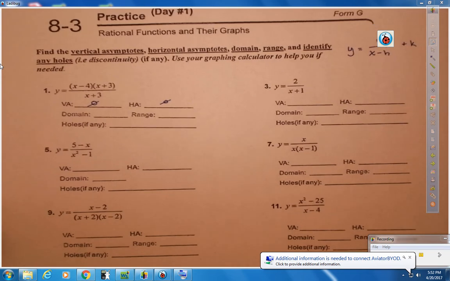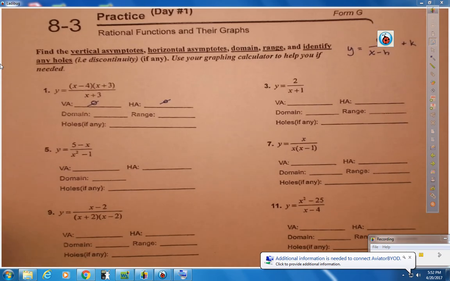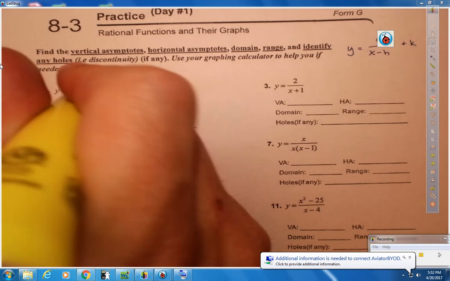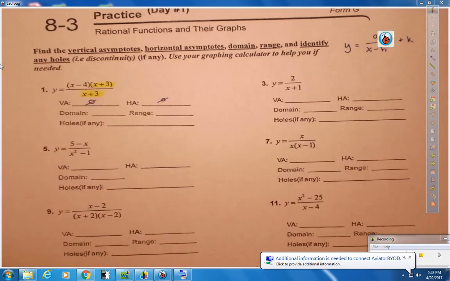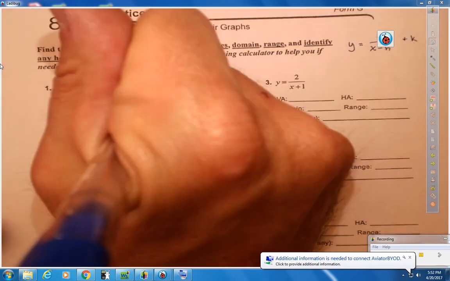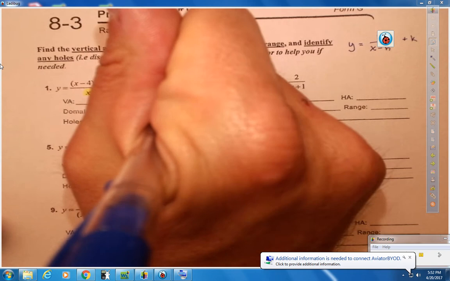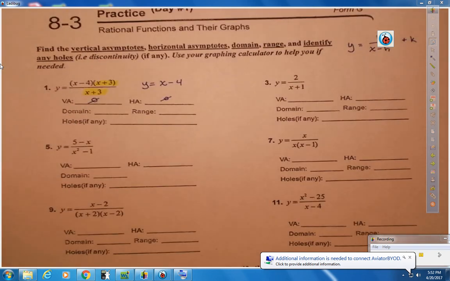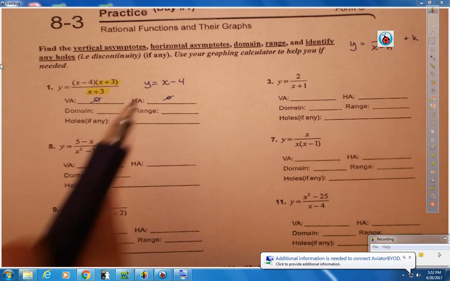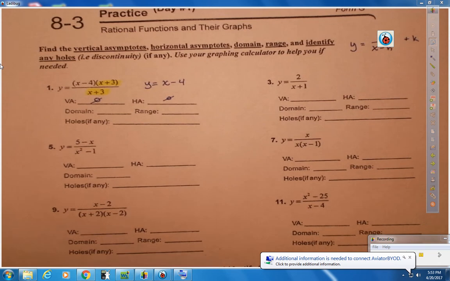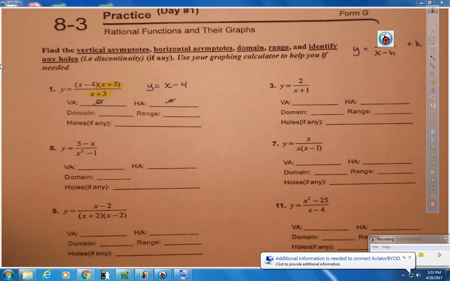Now, this part here, x plus 3, x plus 3, I could actually draw a line through it and cancel those out and just get the graph y equals x minus 4. And that's actually what this graph is going to look like. If I were to put this whole thing in my calculator and graph it, I'll get y equals x minus 4.